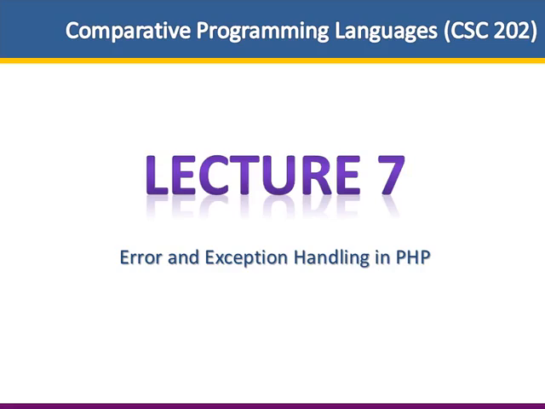With syntax error, you as a programmer can easily come across it anytime, but semantic errors are tough to find, and you sometimes need some sort of debugger to find them. So that is semantic error.